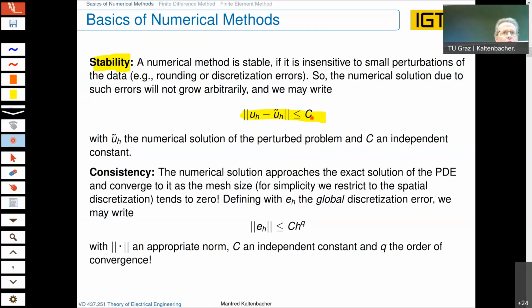Do you think we also have stability problems for a continuous partial differential equation? So it is our analytical model. We have the partial differential equation. We have the boundary condition. Do you think you could also have instabilities there? Of course you can.